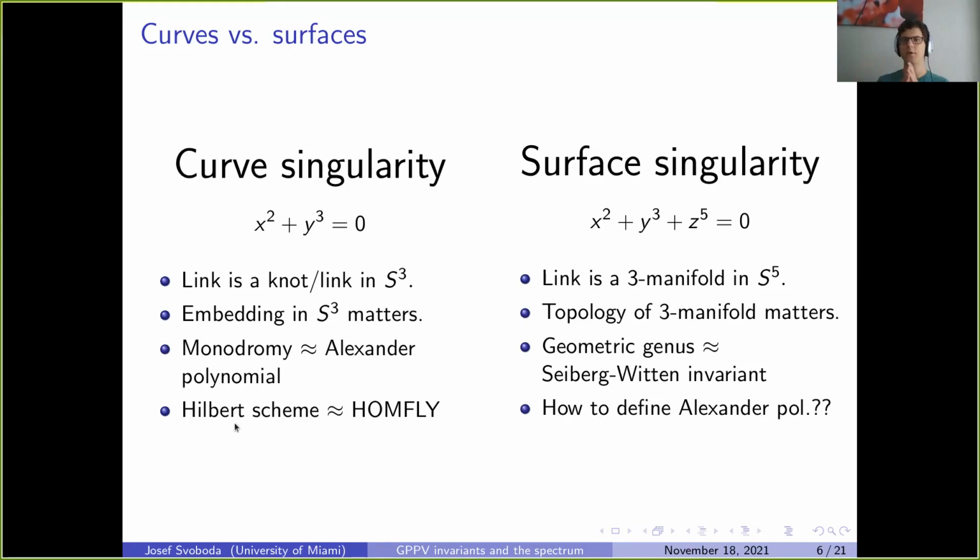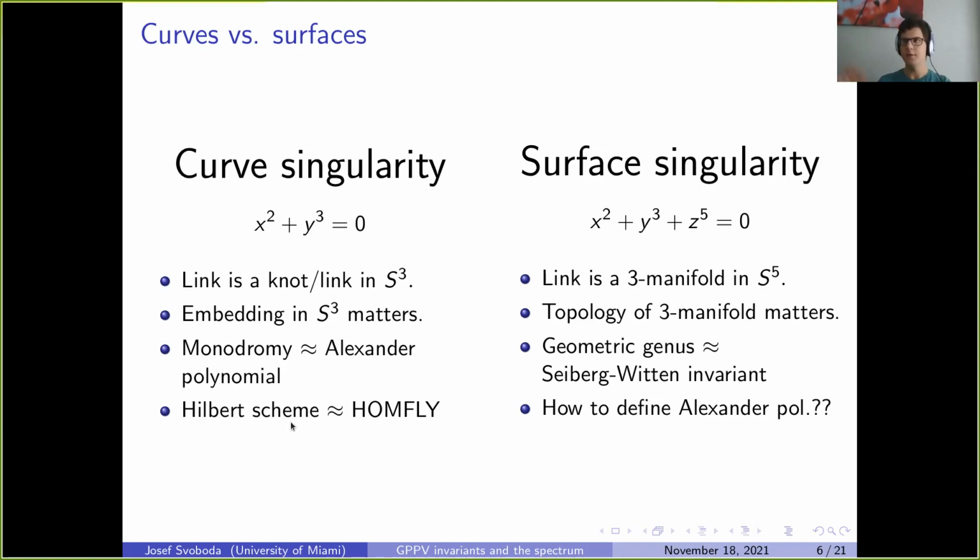Now the Hilbert scheme is a moduli space of ideals supported at this singular point. So this is very analytic, very algebraic. There are also conjectures, because you can categorify the HOMFLY polynomial to a homology theory, and this is supposedly related to the cohomology of the Hilbert scheme, but this was not proved even for a torus knot. So even for the simplest case, this is not proved.